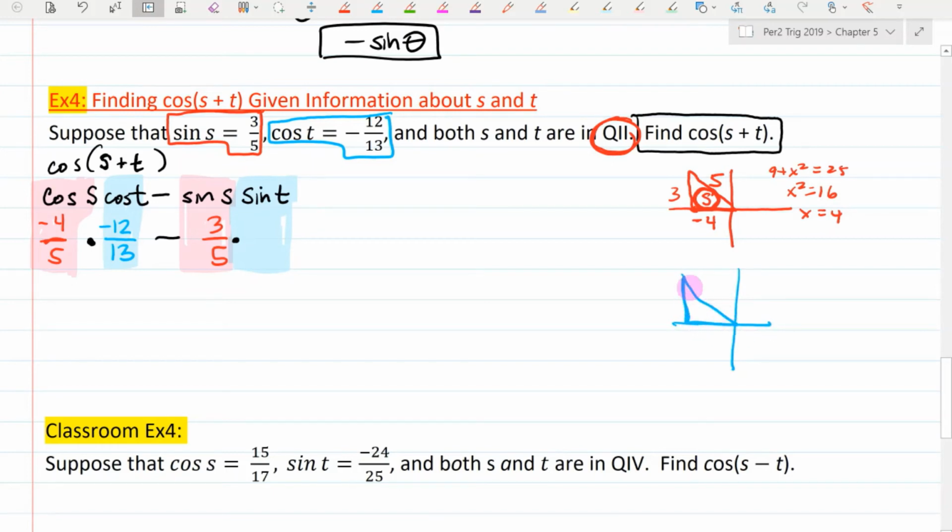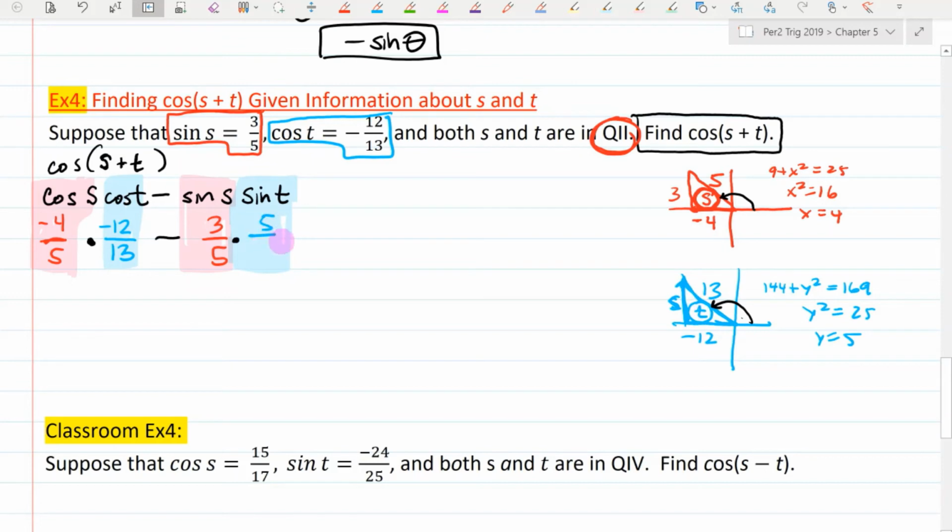And I'm not drawing this to scale, but this is t. Actually, just so you know, the real angle is here, but I'm just putting an S and T in these triangles to indicate which one's which. So this is negative 12/13. By now, you should know where all the numbers go. If you do Pythagorean theorem here, 12 squared plus y squared equals r squared. So y squared equals 25, y equals 5, and it's positive because it's pointing up.